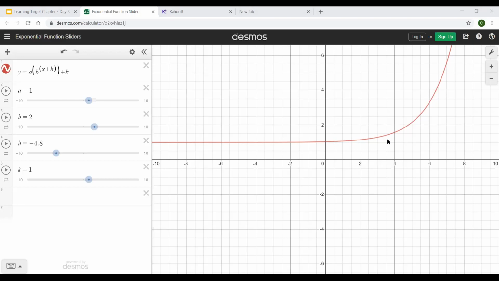So if logically your brain is saying, oh, it's +5, so I'm going to move right, you're really going to be moving which way? Left. Good. So parentheses opposite, right? So think about this right here. Put opposite.